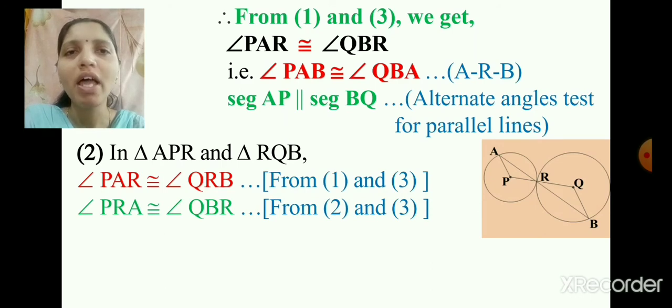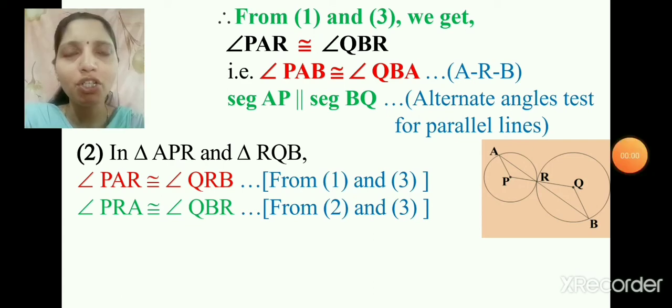Therefore angle PRA is congruent to angle QBR from equations 2 and 3. Now if you write down this answer on one page or in a notebook, you will be able to see all these three equations simultaneously. It is difficult for me to show you the previous slide.